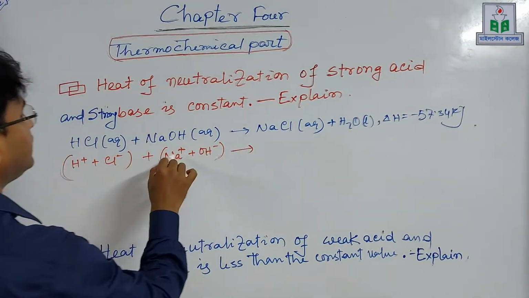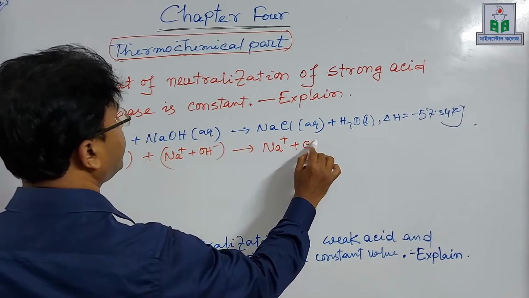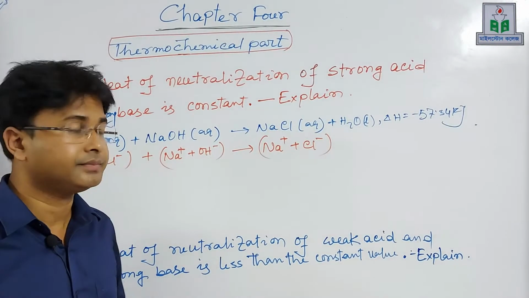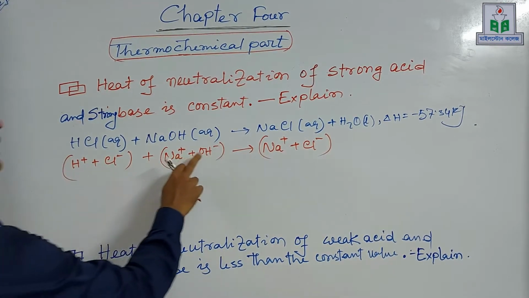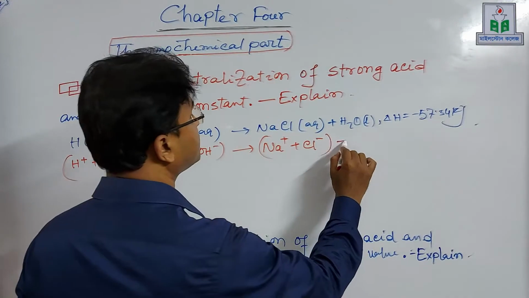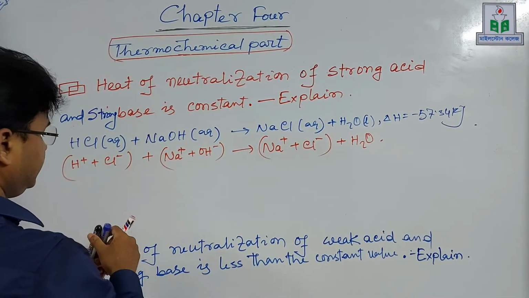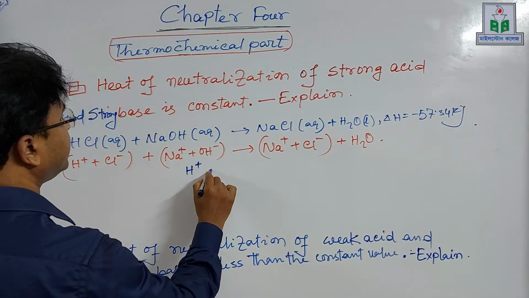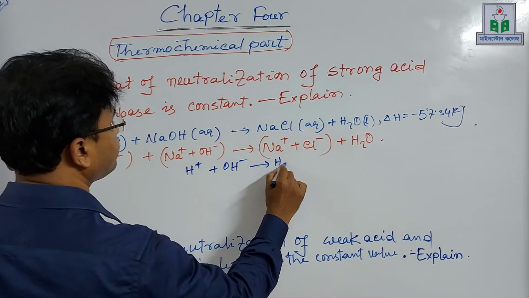Here sodium ion and chloride ion exist in the reaction system as spectator ions, and only the H plus ion and hydroxide ion combine together to produce water. I would like to say to you that here only 1 mole water formation reaction occurs.